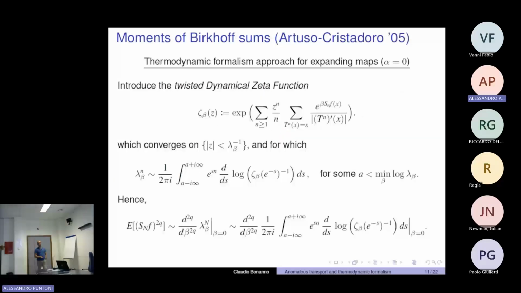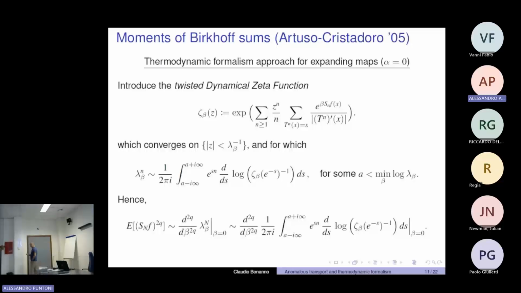Very well, then if you want to be more careful, you can do some thermodynamic formalism by using another actor, which is the zeta function. Now, the zeta function is related to what we saw before, because it's a different way of highlighting what the eigenvalues of your transfer operator are.